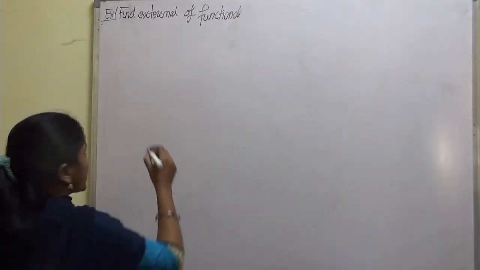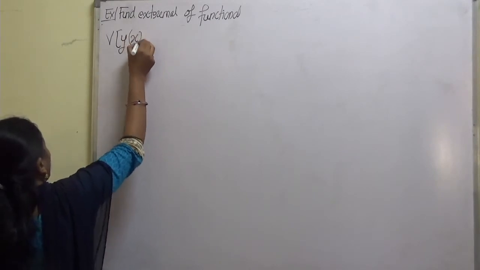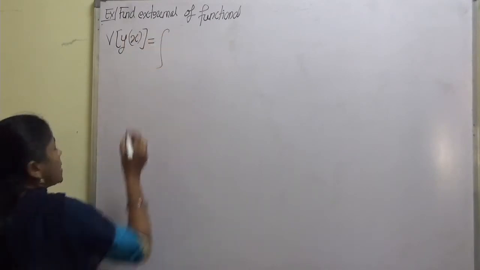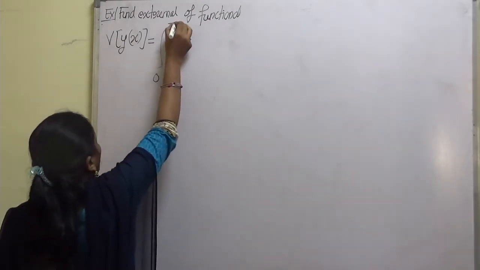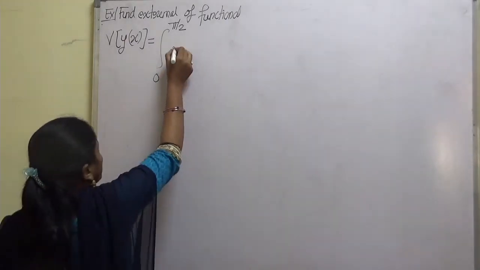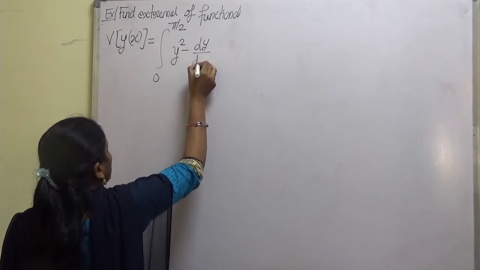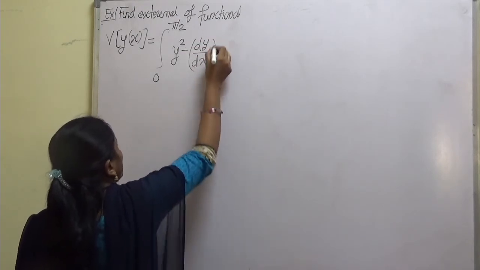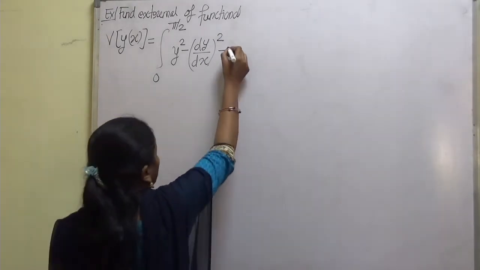Here the functional is denoted by the notation V of y of x, which is equal to the integral from 0 to pi by 2 of y square minus (dy by dx) whole square minus 2y sin x.